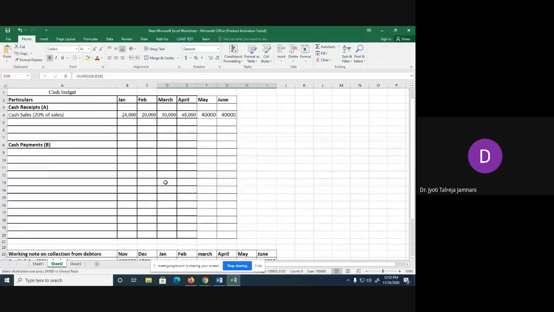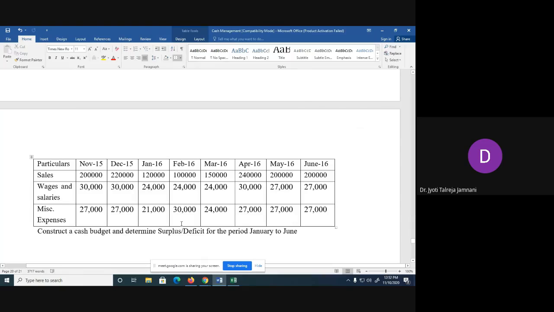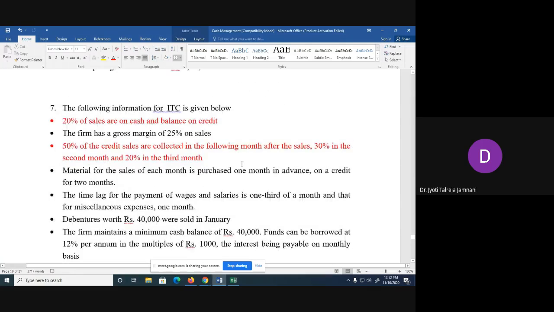So we will paste it above, right here, collection from debtors, and into bracket working note 1. Okay, so we've got the values. Now let's see what is the next point. So we've finished the collection part of it.